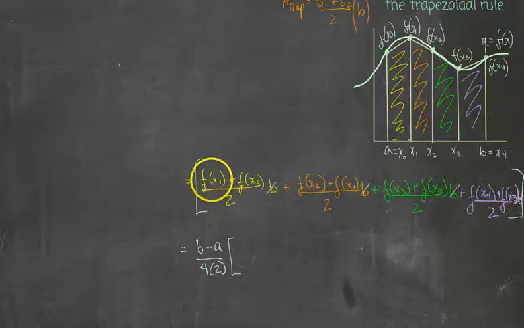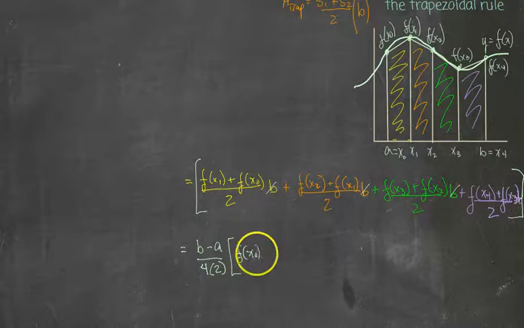I have f of x1 plus f of x0. Okay, so let's go ahead and put the f of x0 in the front, just because let's work methodically across the base. Plus, well, I have an f of x1, but I have another one over here.